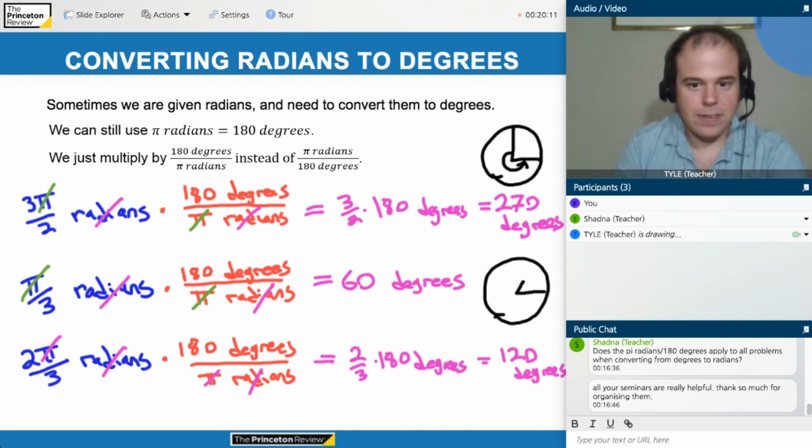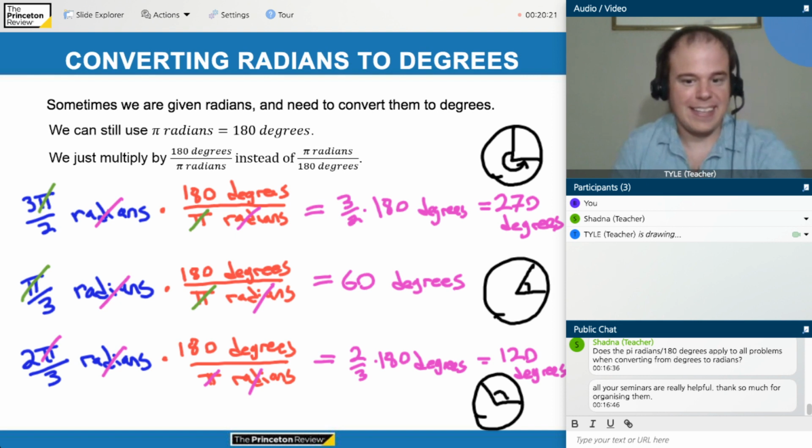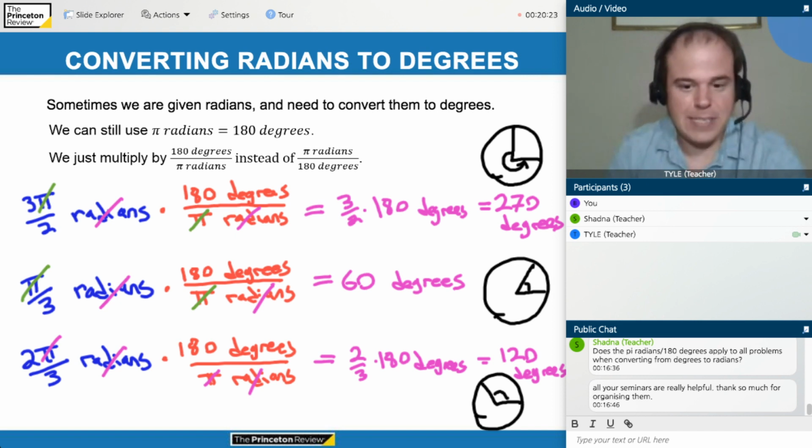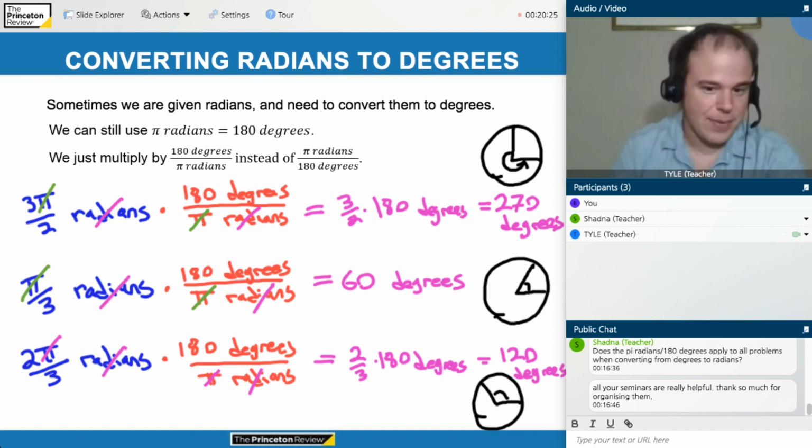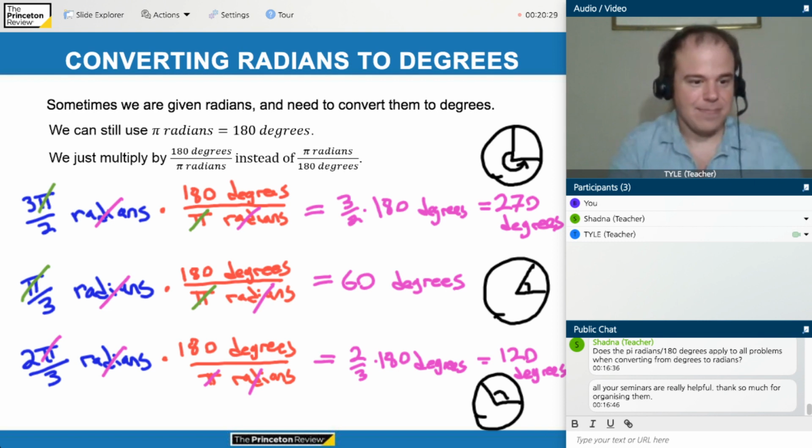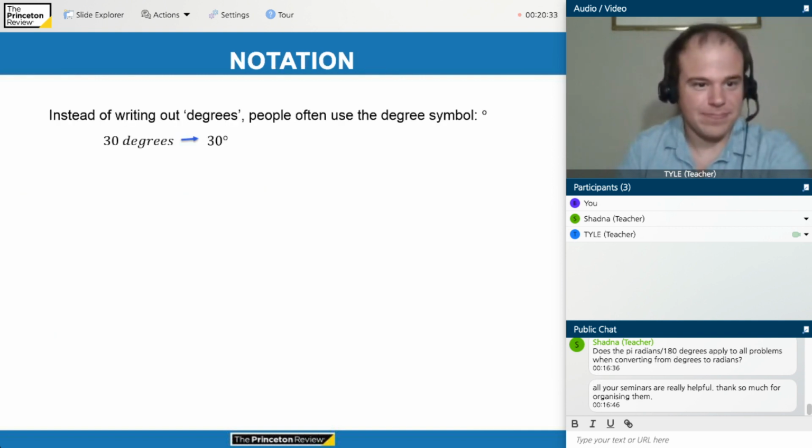It's 2/3 of a right angle. And finally, 120 degrees is 30 degrees more than a right angle. So this is what 2 pi over 3 radians would look like. And a reminder, feel free to ask any questions as we go.